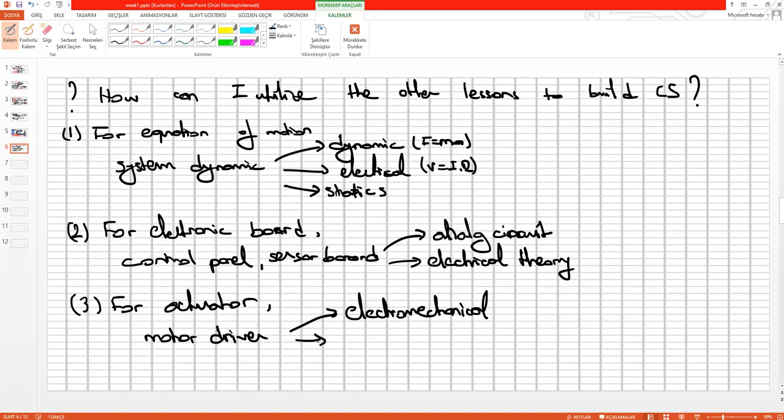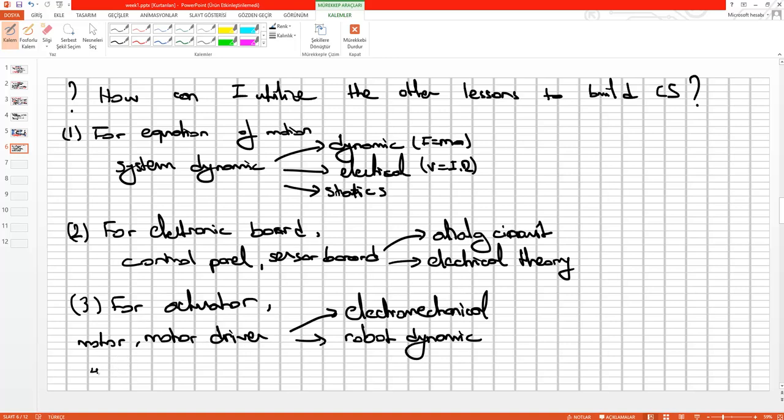Or if we select the motor design, the robot dynamics or kinematics must be utilized to select the proper motor values in terms of force or torque value, right? If you require a 10 Newton meter motor, you should provide this feature by selecting the proper motor values. Okay.